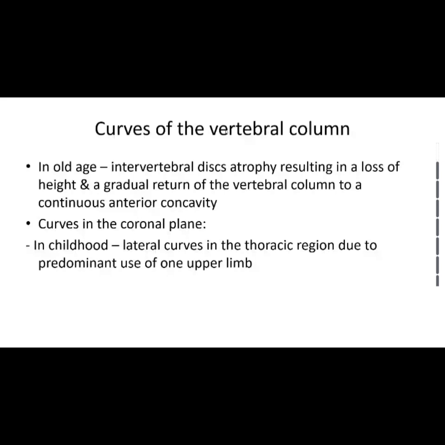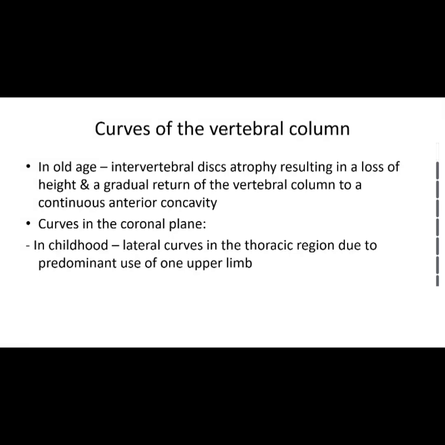They almost assume the fetal position. You've seen older people walking with a walking stick, bent forward. That is the reason: as you grow older, there is atrophy of the intervertebral discs, and the person becomes bent forward.